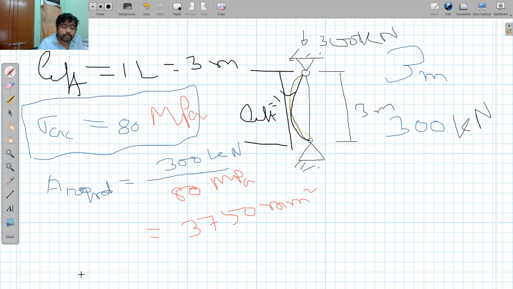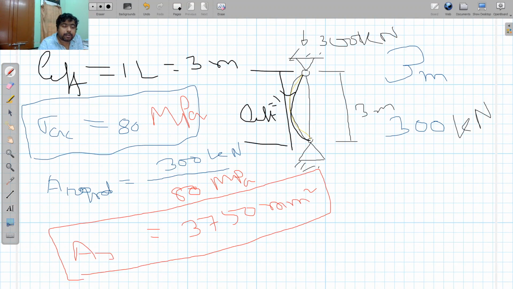So it means you need a section from the steel table whose area will be minimum 3750 mm square. Now you have to go to the steel table and find out a section.